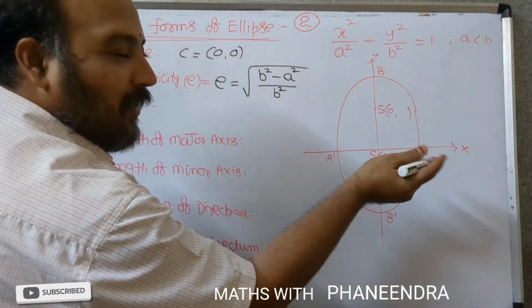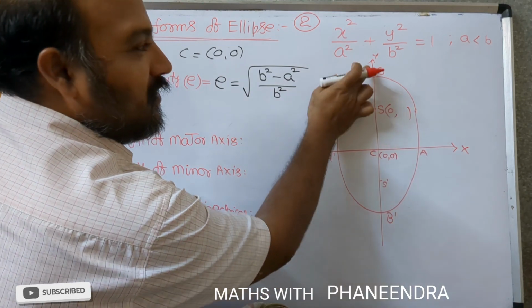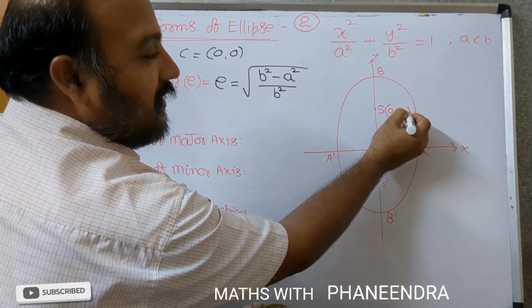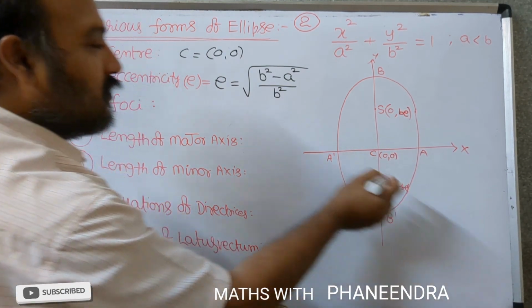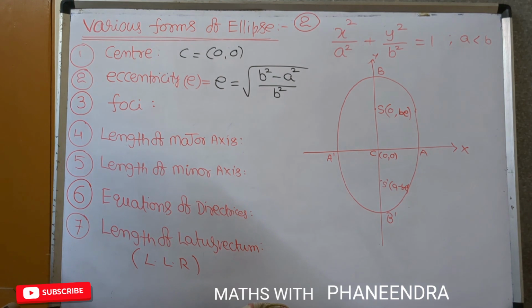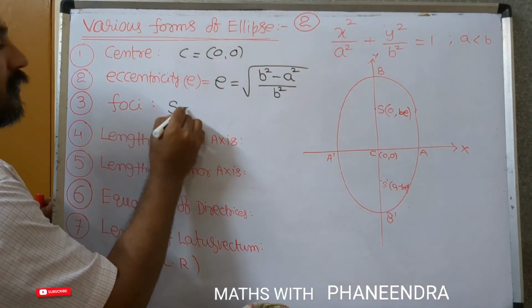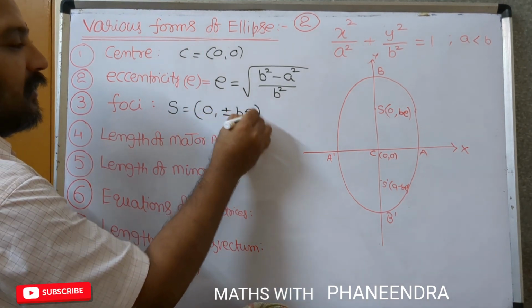Previously we got AE comma 0, but here, with respect to the y-axis, B is there. So 0 comma minus BE. Combinedly, we write the coordinates of foci S as 0 comma plus or minus BE.